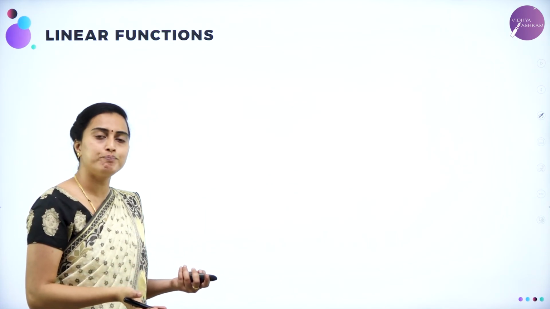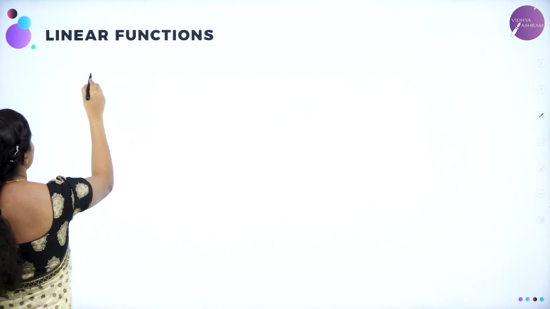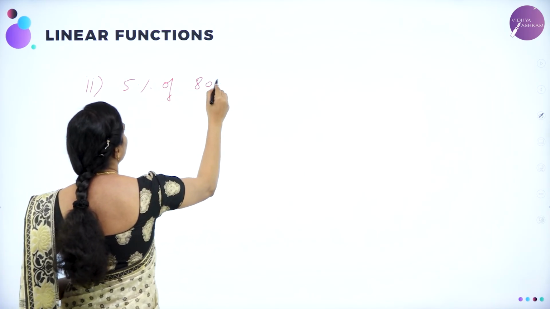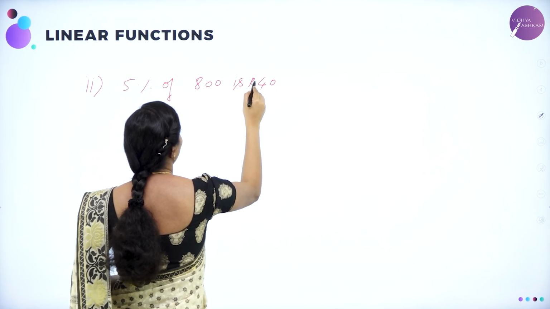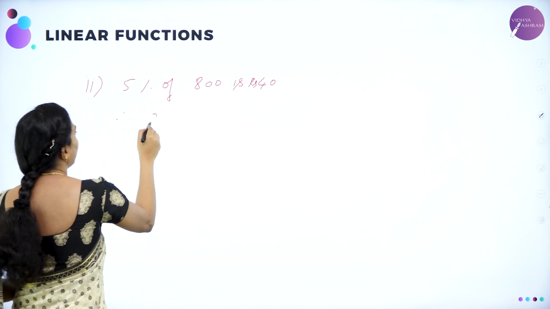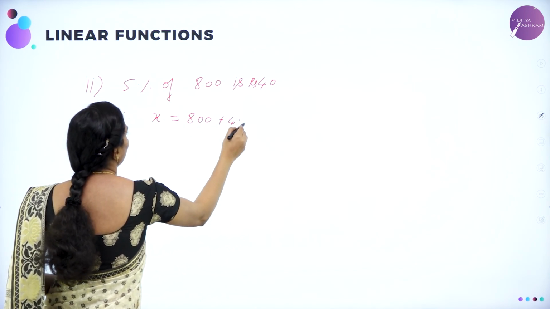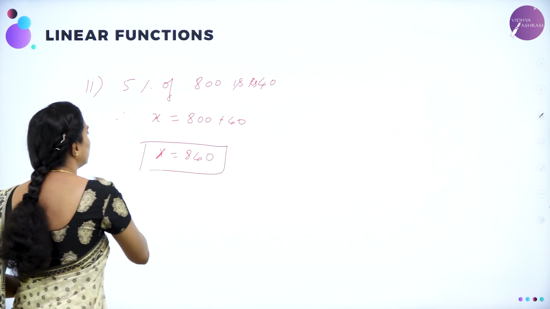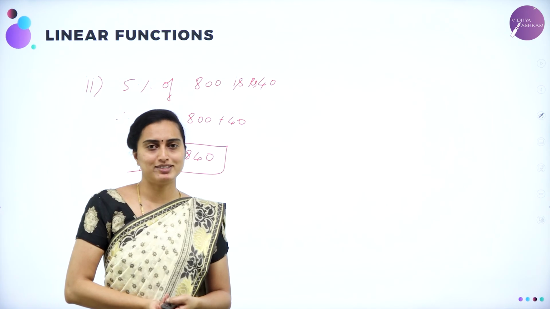So easy, that's it, dears. You can have it as the second answer: 5% of 800 is 40, so x will be equal to 800 plus 40, which is x equal to 840. This is the answer for the second one when it is increased by 5%.